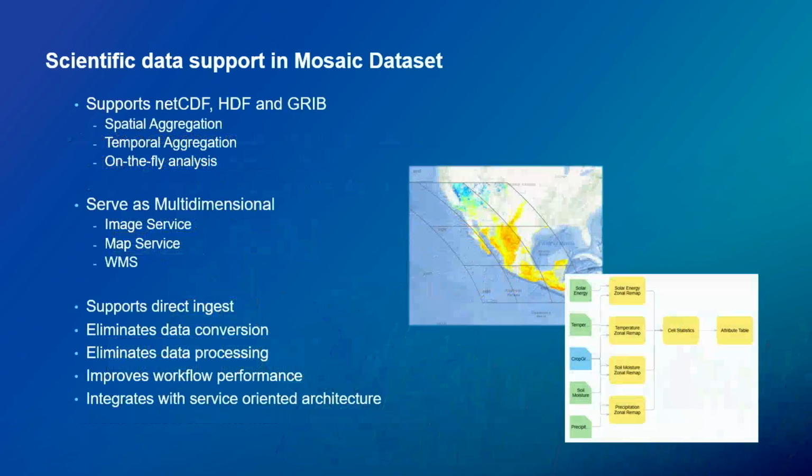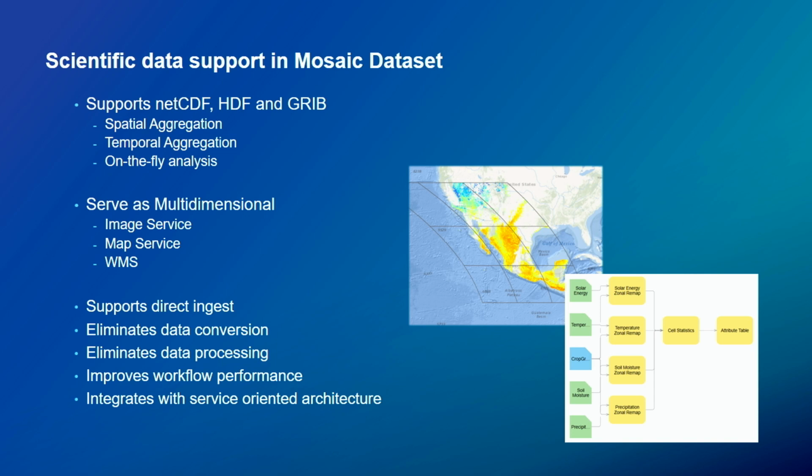But when we solve that problem, it also gives us additional flexibility that Mosaic Dataset brings to the table. What are those? It does spatial or temporal aggregation, but it also lets you do analysis on the fly because you can apply raster functions to it. We'll talk about that some more down the line. And then you can turn around and serve it as an image service, map service, or WMS.